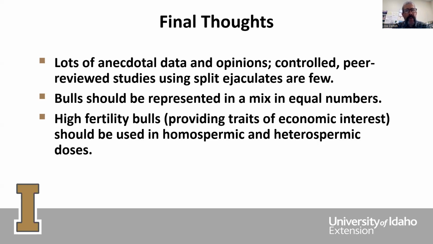And that's not really what we want to be doing. What we want to be doing is identifying as best we can, not only those high fertility bulls, but also those low fertility bulls. Those low fertility bulls, we're pretty good at identifying those, and those need to go. And then from the group of high fertility bulls that provide traits of economic interest, that's where we want to make both our homospermic and our heterospermic doses, and we can make our greatest progress.